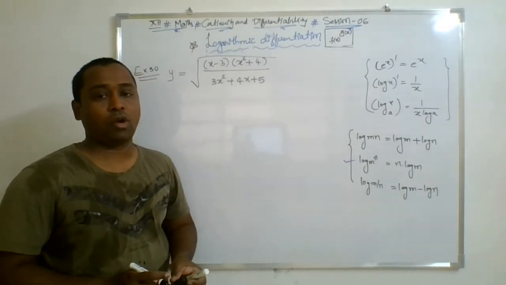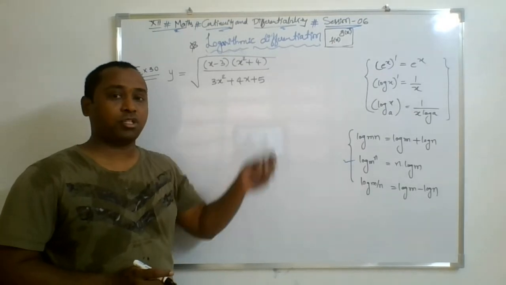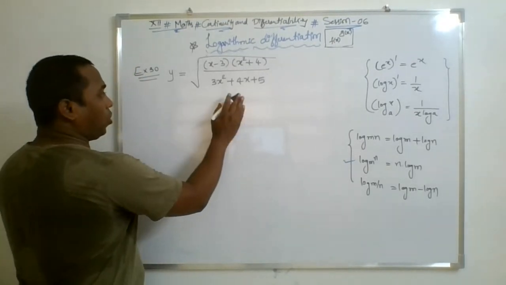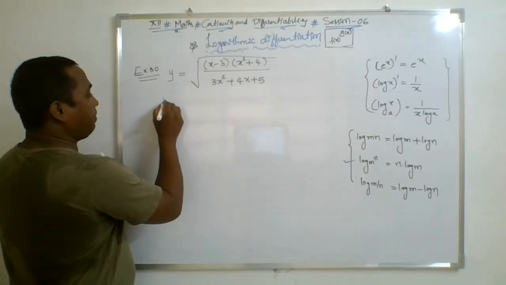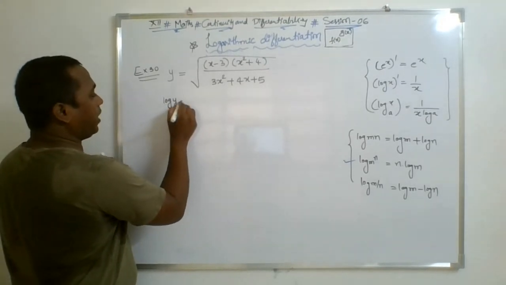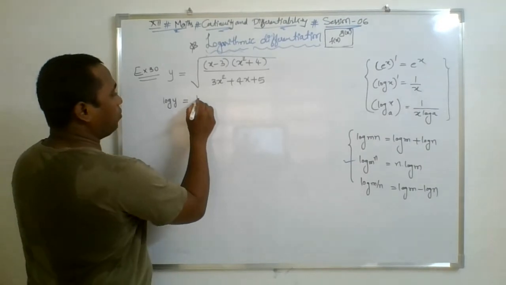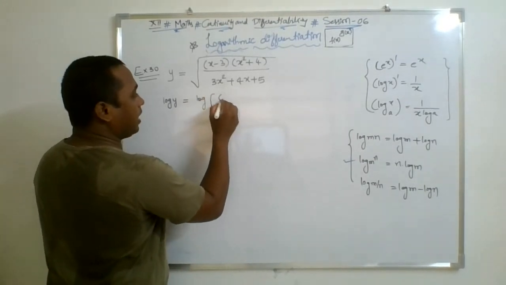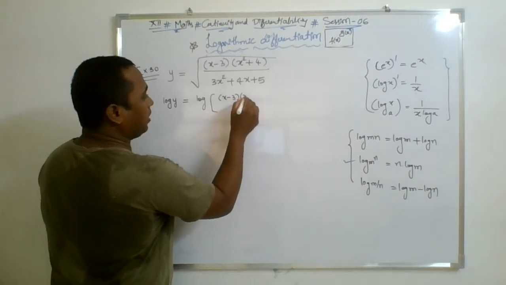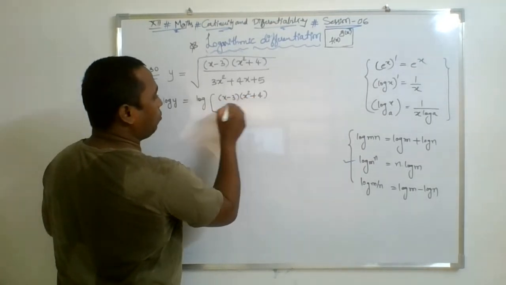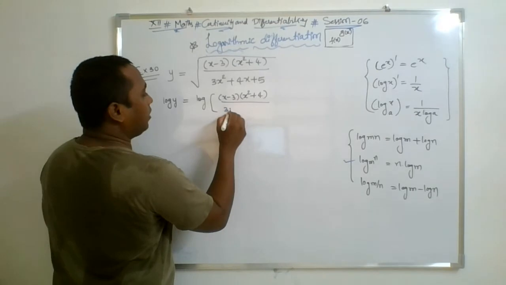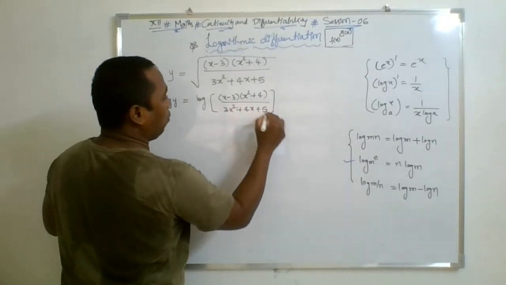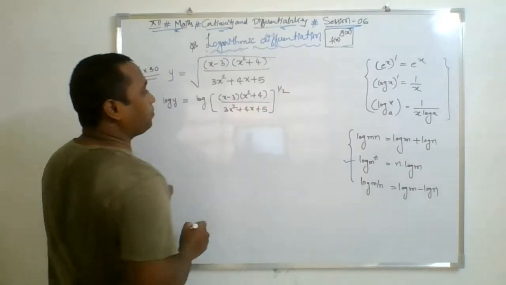Now see how the logarithmic differentiation makes the question simple. If I take log on both the sides, it becomes log y is equal to log of this entire function. This can be written as x minus 3 into x square plus 4 upon 3x square plus 4x plus 5, whole to the power of 1 by 2.